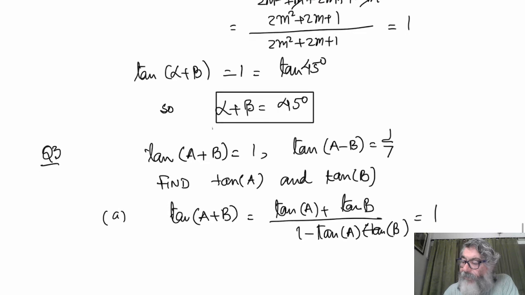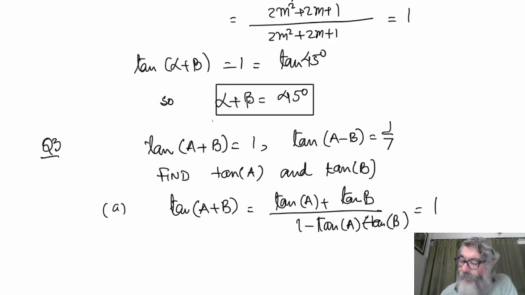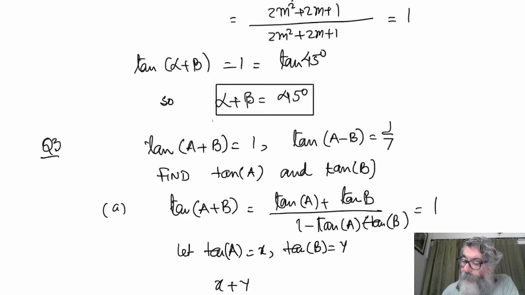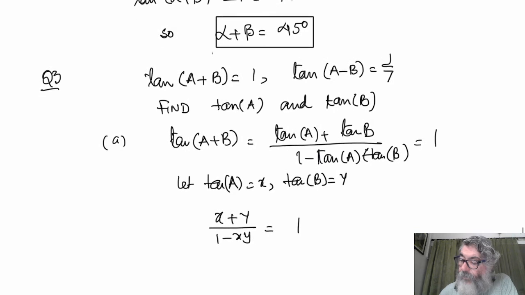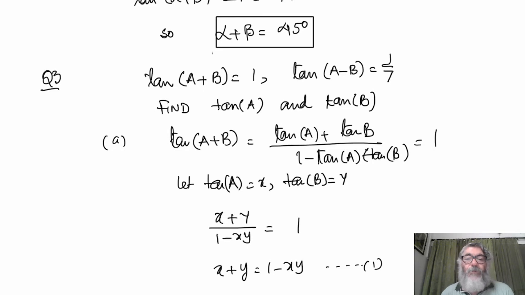For our convenience, because every time writing tan a tan b, let tan a is equal to x, tan b is equal to y, it becomes simpler. So it will become x plus y upon 1 minus xy is equal to 1, or x plus y will be 1 minus xy. It's a very simple equation compared to writing tan a plus tan b is equal to 1 minus tan a tan b. That could be sorted out, but this is a simpler way.